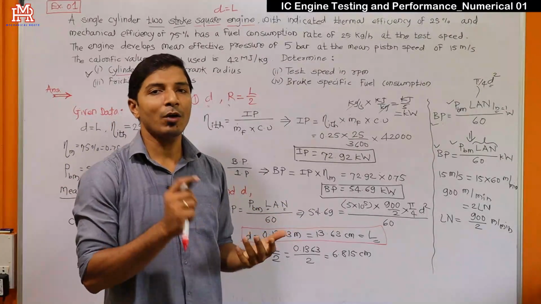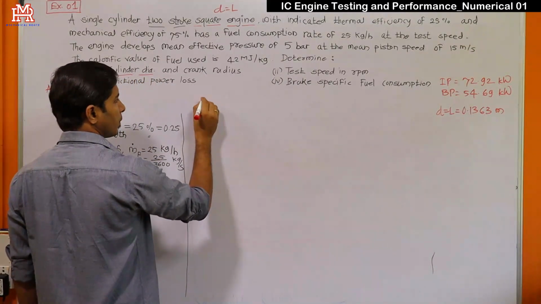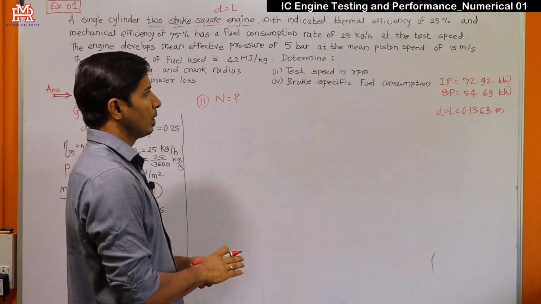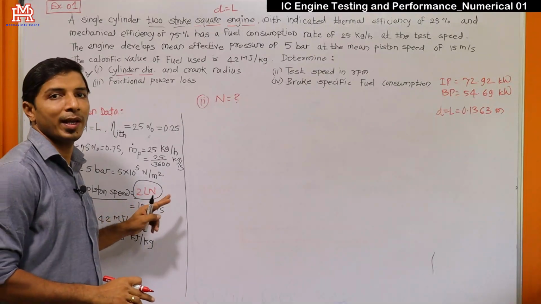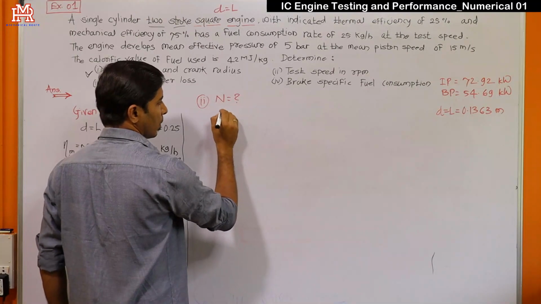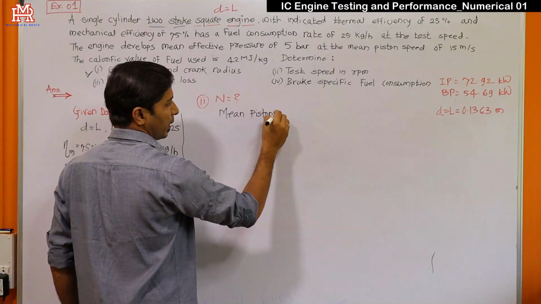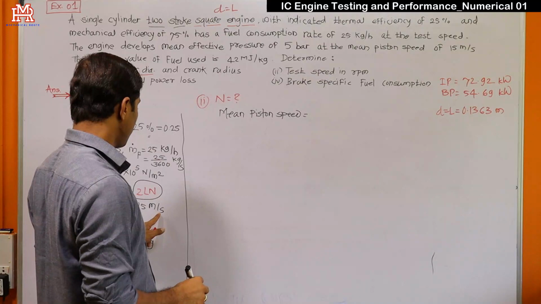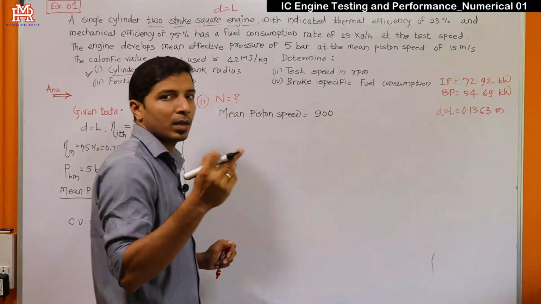Test speed is nothing but I have to find out the value of this capital N. Test speed in RPM means we have to find out the value of this N. Now this is simple to find out. We have the value of 2LN. So the mean piston speed, which is given as 15 meter per second or 900 meter per minute.